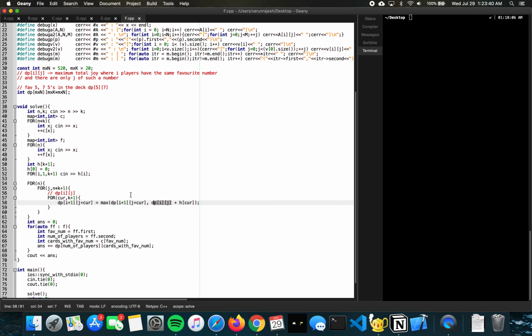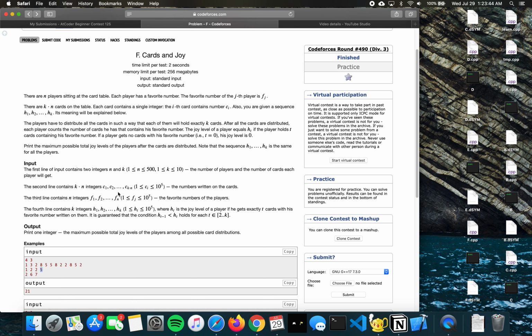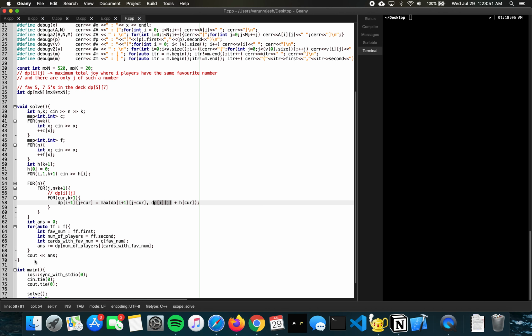Again, cur goes between 0 and k plus 1, where we're given n and k, and k is the number of cards each person will get.